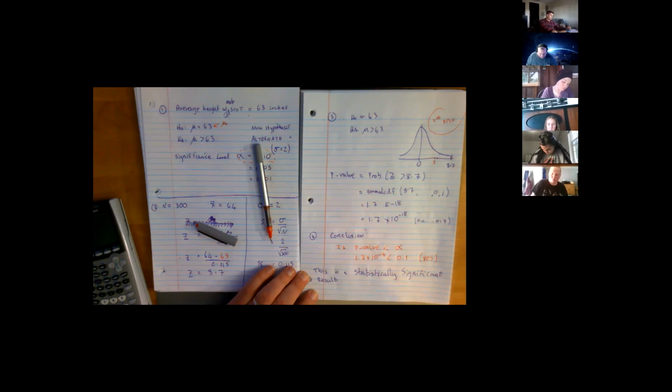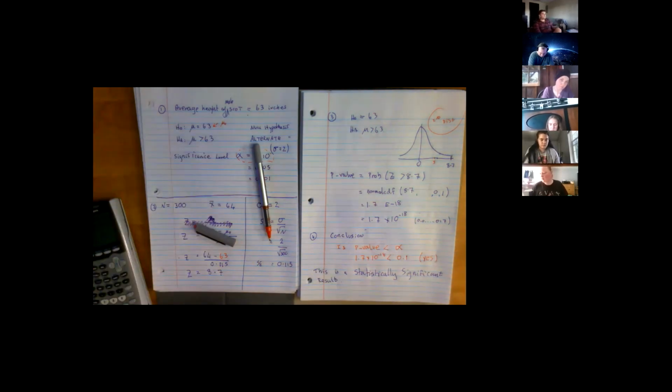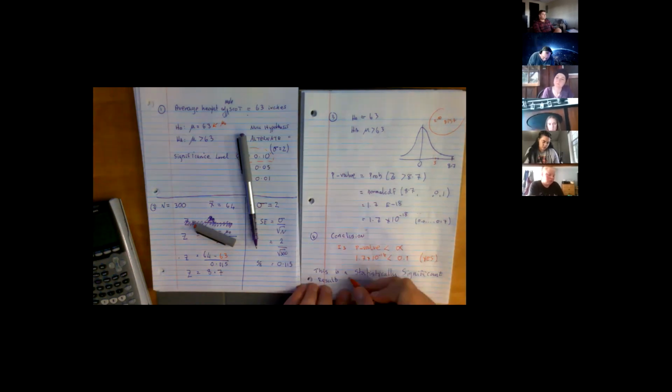What this has said is p-value, the probability of you getting this sample using that as the reality is so unlikely that this cannot be true. So the standard sentence that you do when you come to this conclusion, that the p-value is less than alpha, and that means we have a statistically significant result, is you write this down.